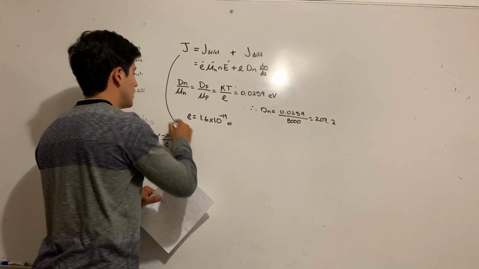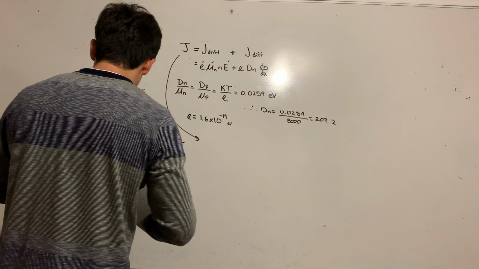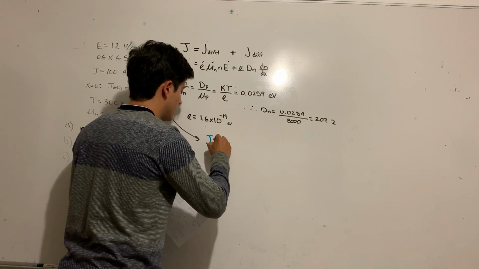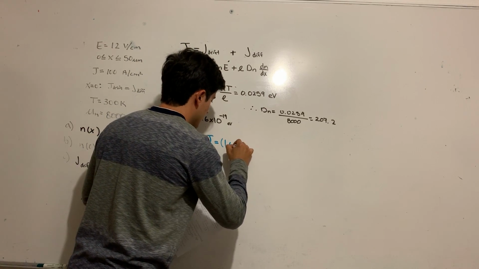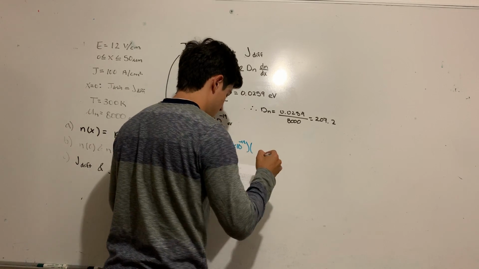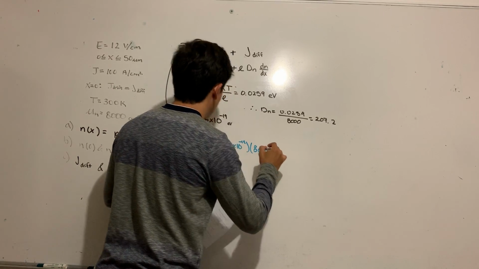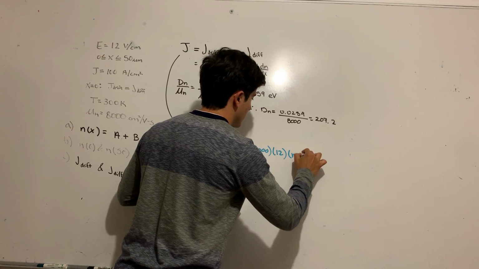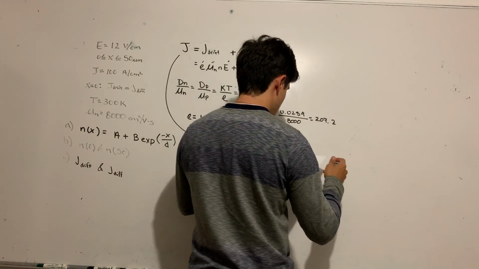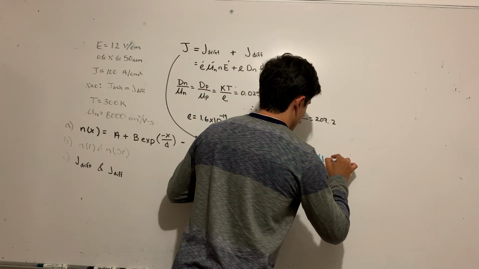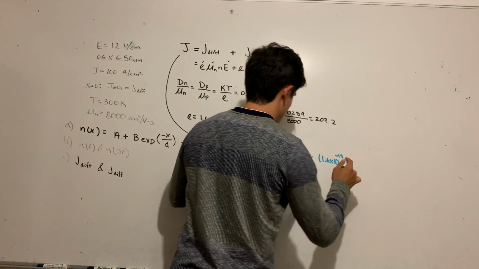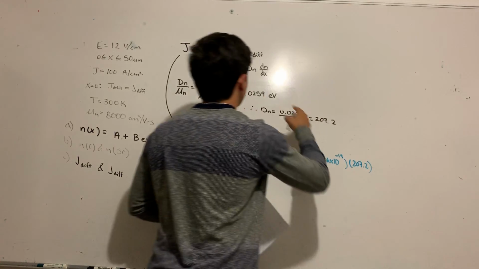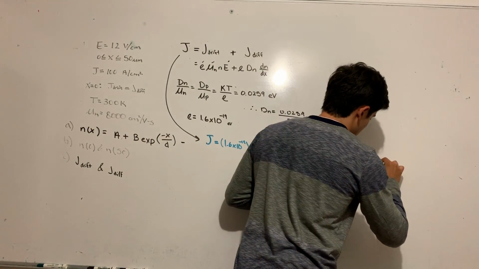So this equation is going to be over here. Let me change colors. So J total is equal to 1.6 times 10 to the minus 19 times 8,000 times 12 times n(x), plus again 1.6 times 10 to the minus 19 times 207.2, and then the derivative of n(x).